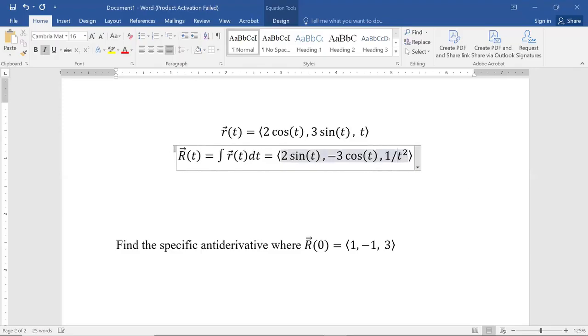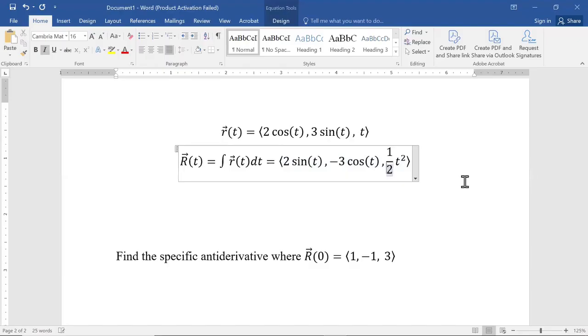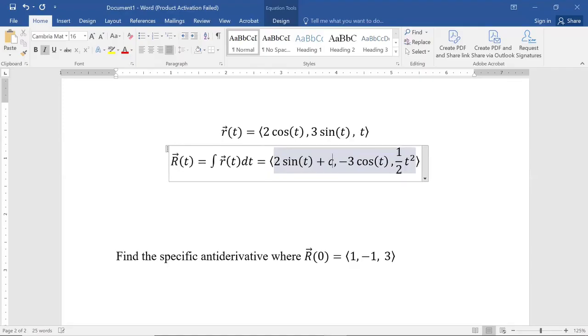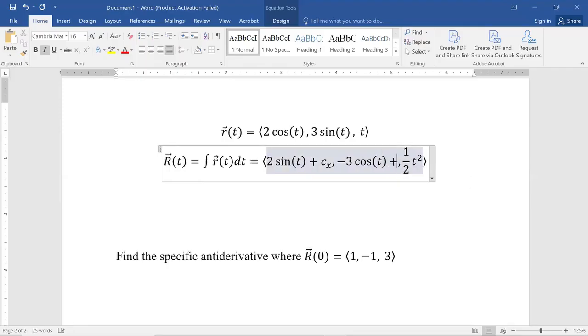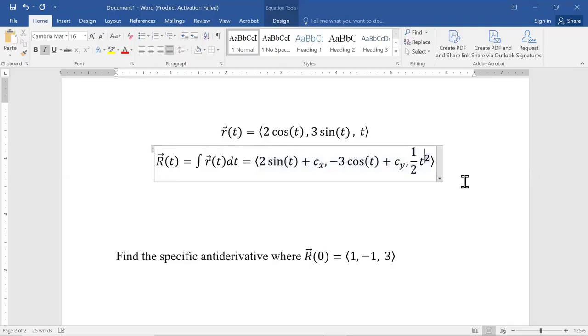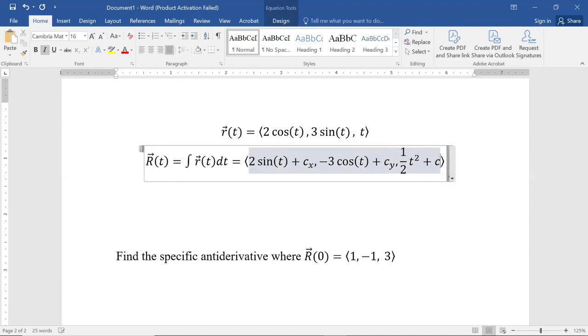So think of that as coefficient 1/2. Now, one thing I left off of here is the constants. So I wanted to add the constant with respect to x in the x component, the constant with respect to y in the y component, and the constant with respect to z in the z component.